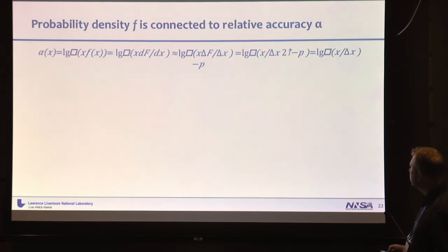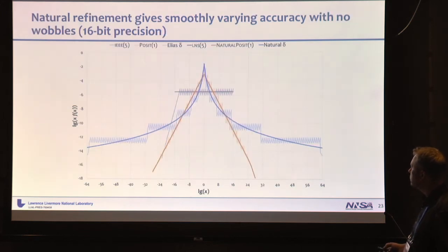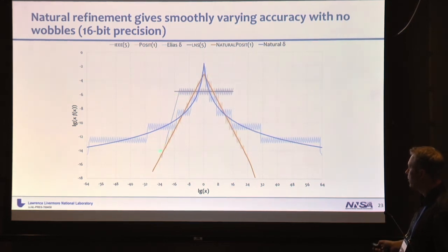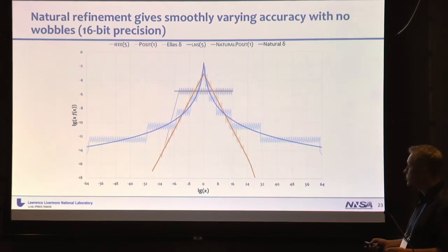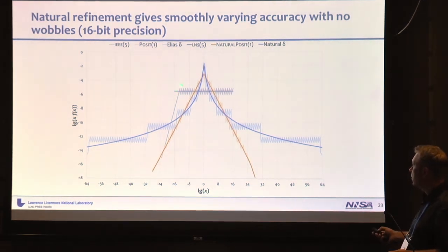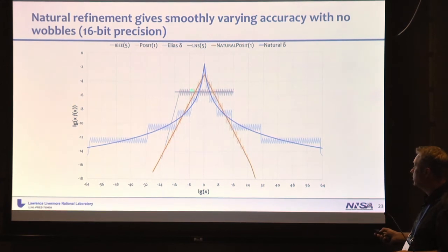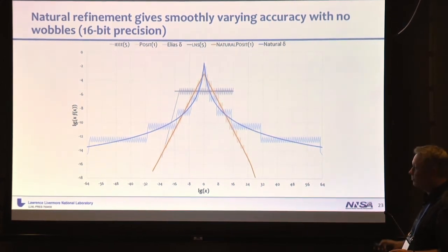I was also missing something on this slide, but what this one shows is essentially this accuracy as a function of x on a logarithmic axis. And we're seeing different number representations here. IEEE is this sawtooth-looking thing that goes all the way down at the far end to the left. So these are the subnormal numbers over here, right? If we were to use this natural refinement operator instead, corresponding to the bracketing sequence here, what we get is just the logarithmic number system that gives you a much smoother, horizontal line.